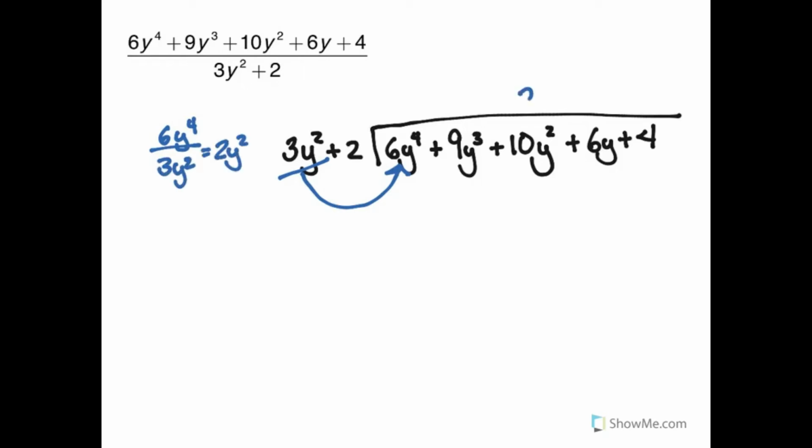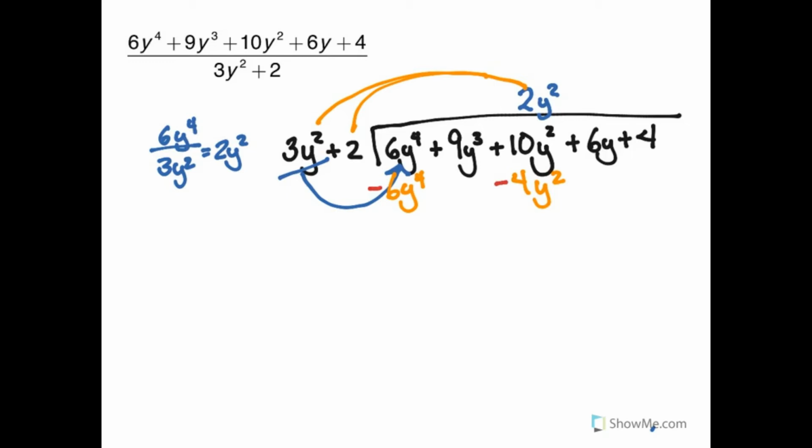And remember to line that up over the y squared column rather than the 9y cubed. If I multiply it out, 2y squared times both of these terms, 2y squared times 3y squared is 6y to the fourth. And 2y squared times 2 is 4y squared.